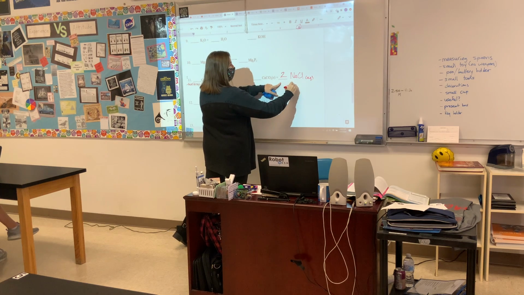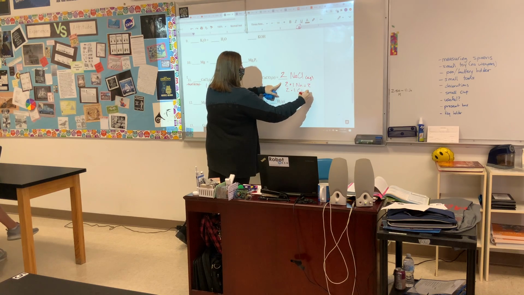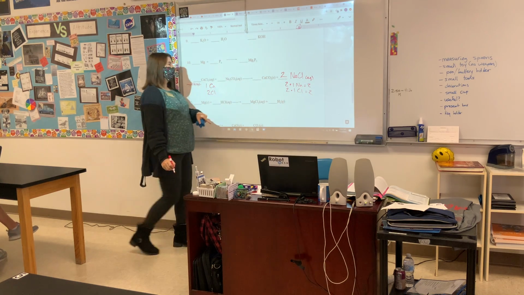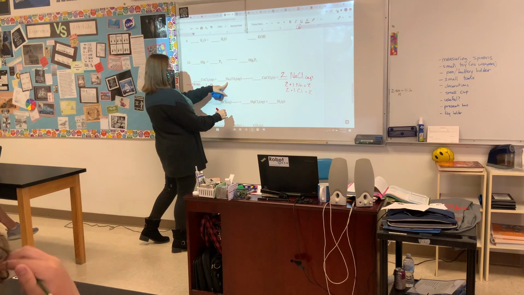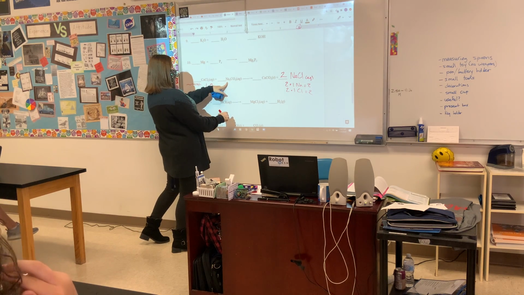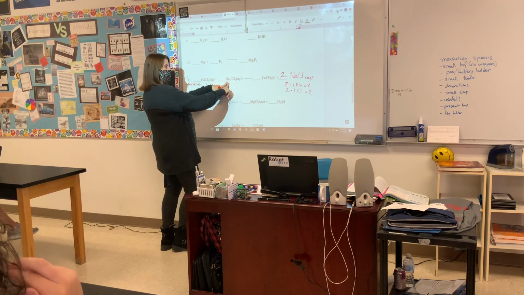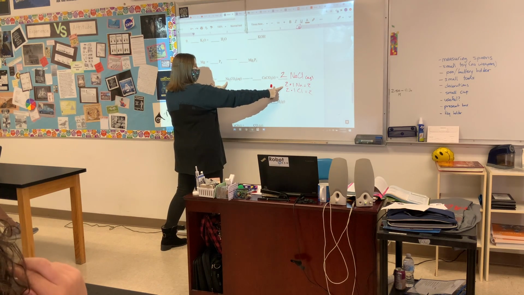Here I had 1 Na and 1 Cl, but I've multiplied them both by 2. How about the sodium? I have 2.